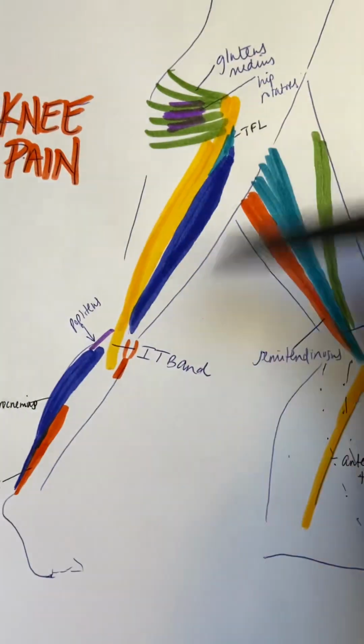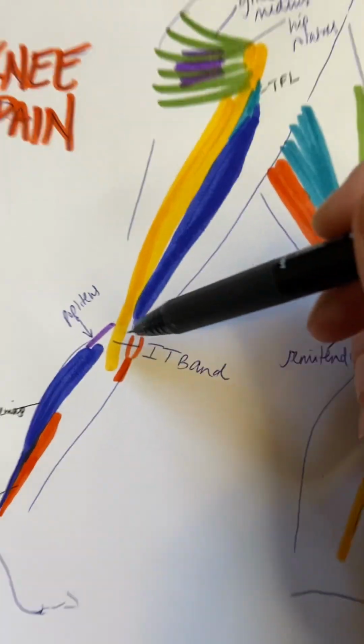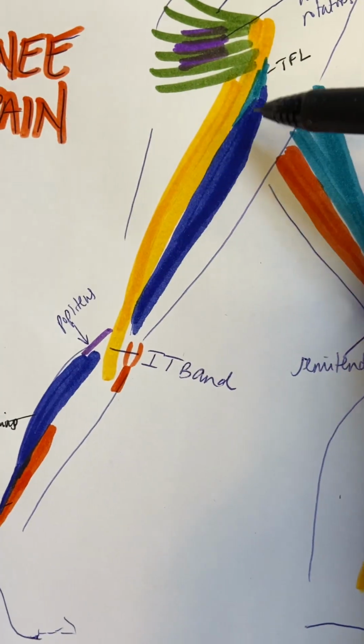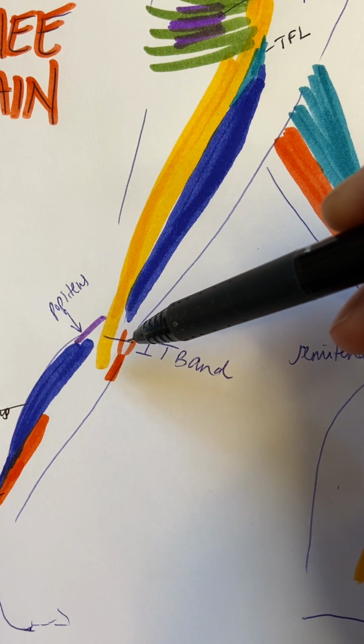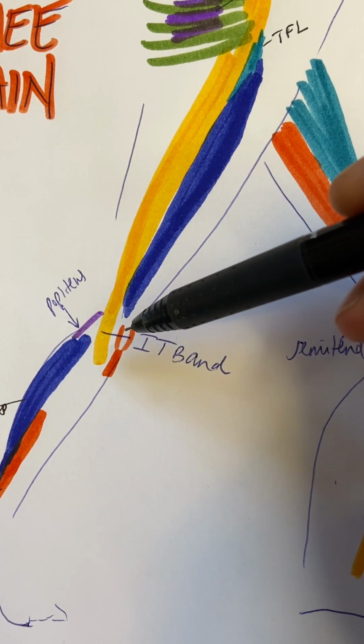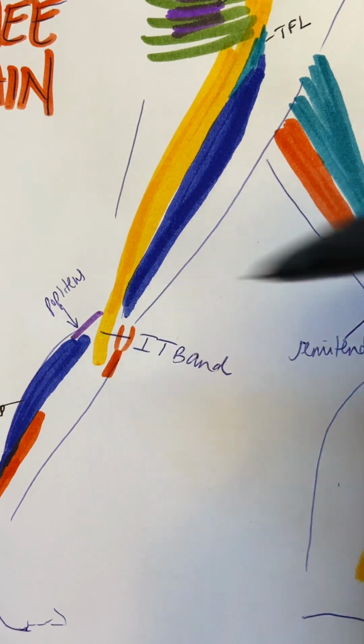So then once we've looked at all the other factors, let's zoom in on this area a little bit more. So all of your quad muscles go and turn into this tendon that goes into your kneecap, and then your kneecap is connected from your kneecap to your shin by this ligament, okay?